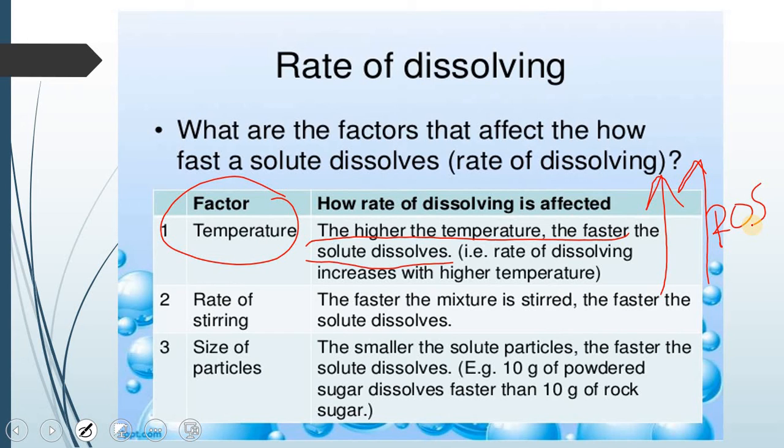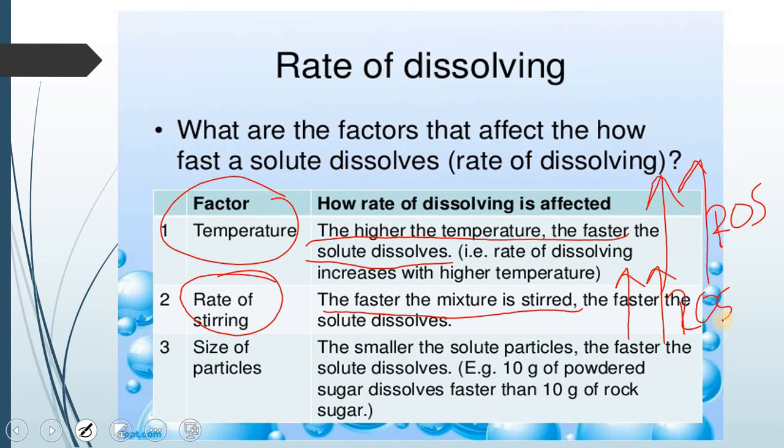And then with rate of stirring, the faster the mixture is stirred, the faster the solute dissolves. So when you stir your sugar faster, it will dissolve faster in the water. This means the higher the rate of stirring, the higher your rate of solubility.